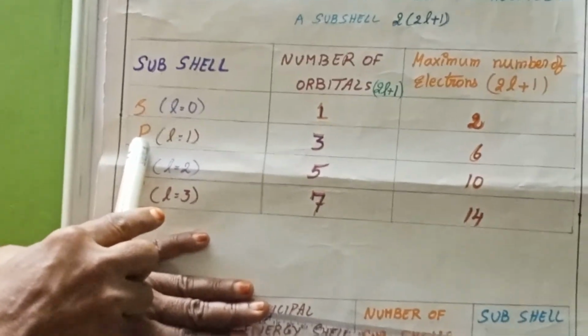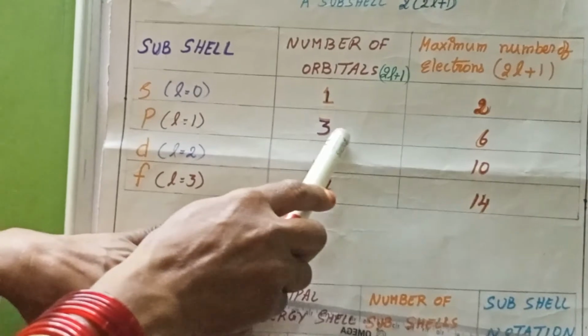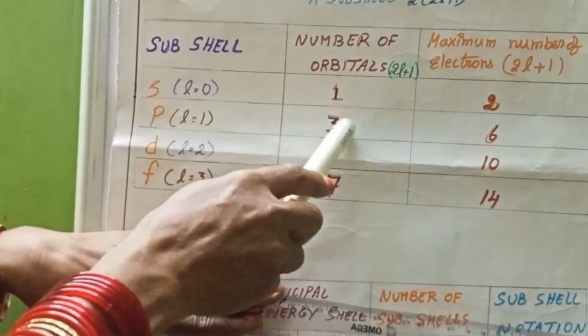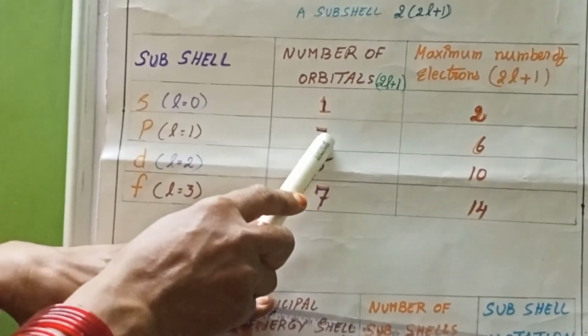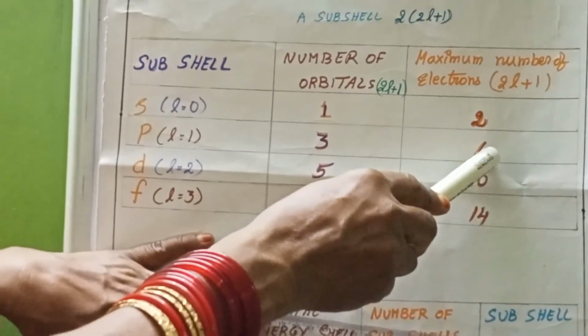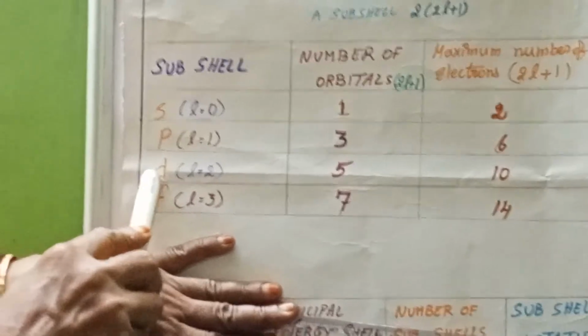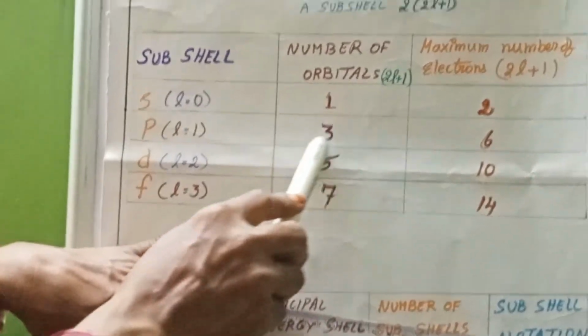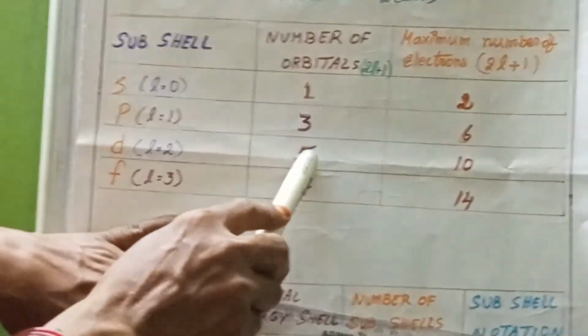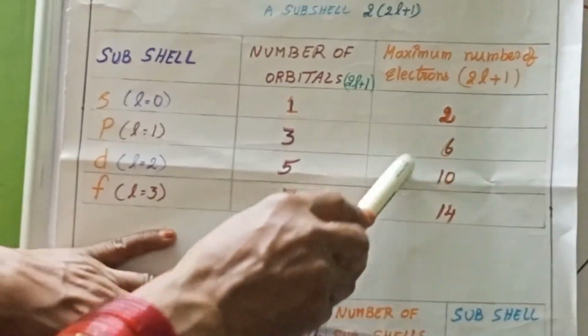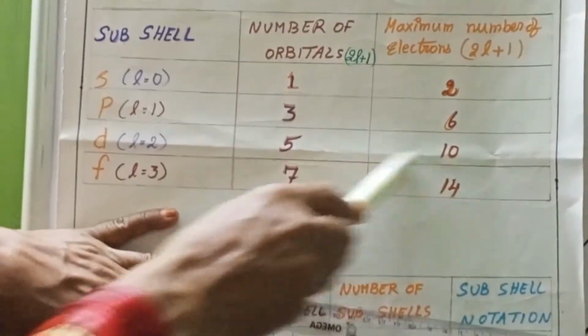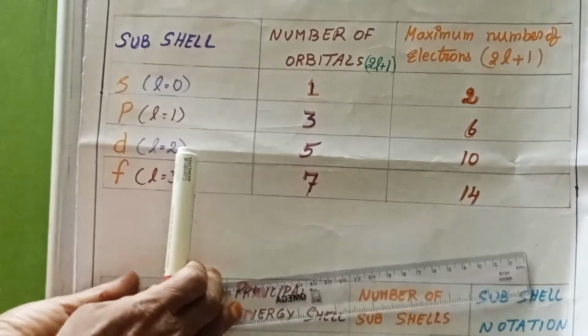The p orbital has 3 degenerate orbitals and each degenerate orbital can accommodate 2. In that way 6 electrons can be accommodated in the p orbital. If you take the d orbital, it has 5 degenerate orbitals, and 5 into 2 gives a total of 10 electrons in the d orbital.